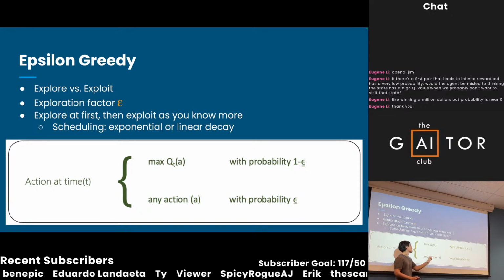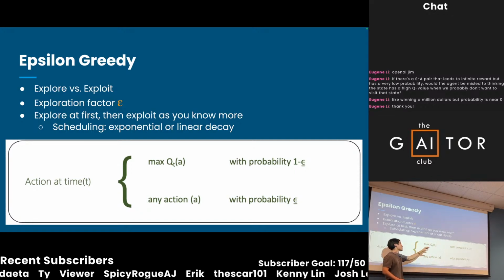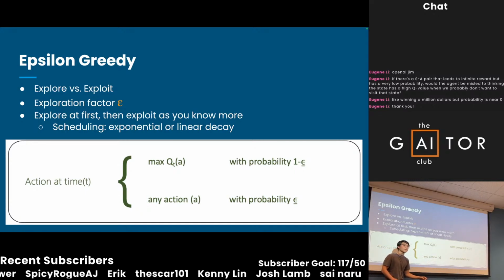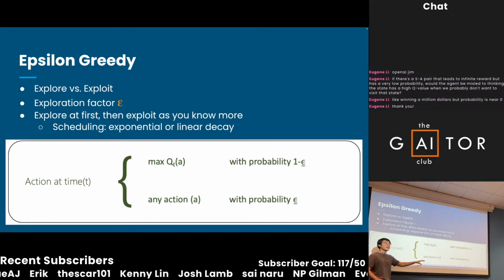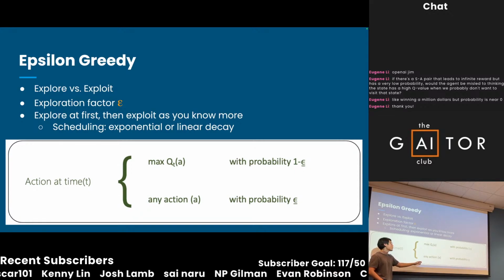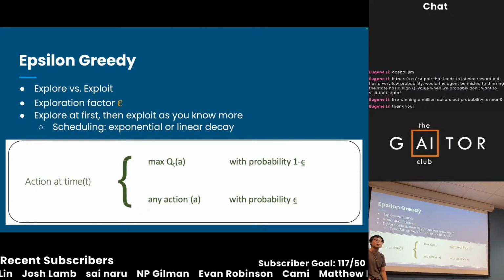And so in that case, you're going to maximize over your Q values of the actions with probability 1 minus epsilon. So this is taking your Q table approach with probability 1 minus epsilon. At the beginning, your epsilon is going to be really high. You're going to take mostly random actions. At the end, your epsilon is going to be really, really low, and so you're mostly going to exploit your Q table. Does that make sense? Awesome.